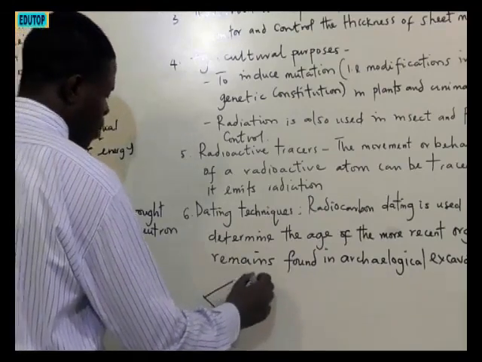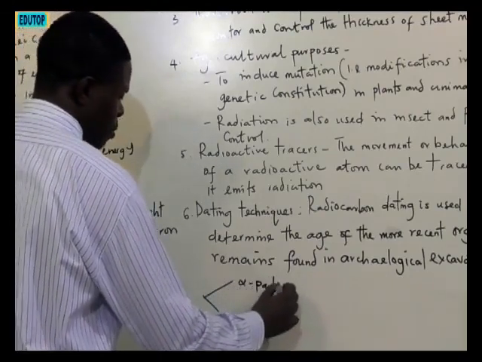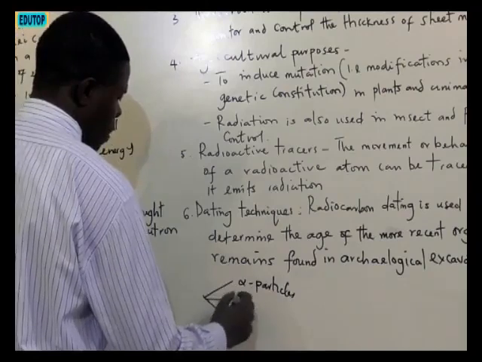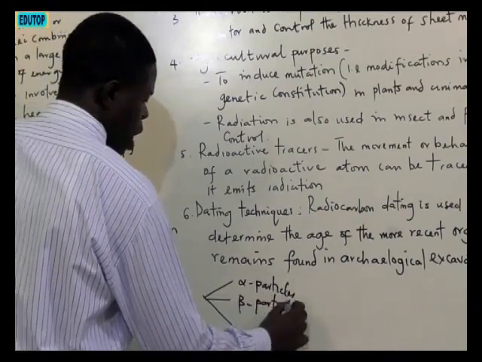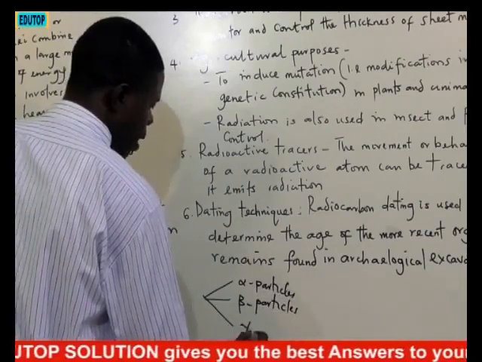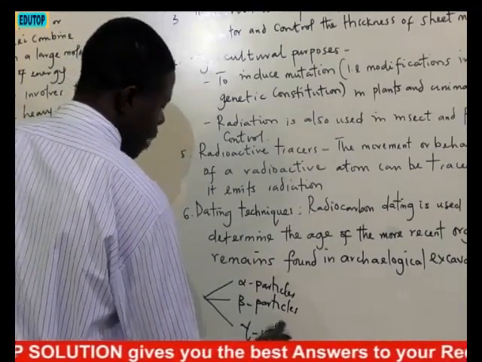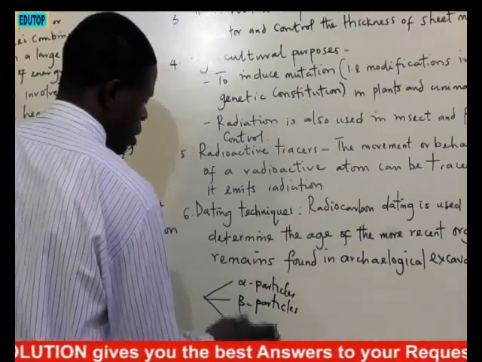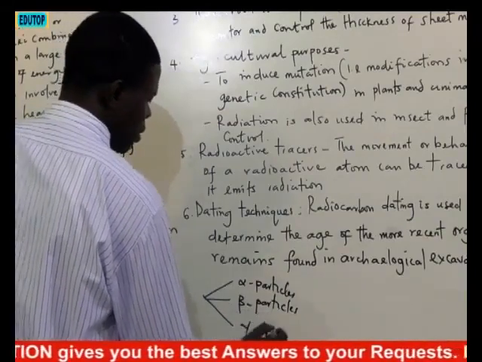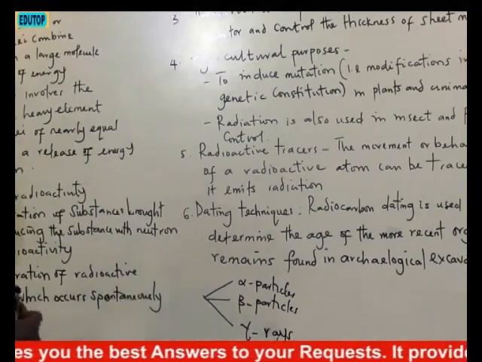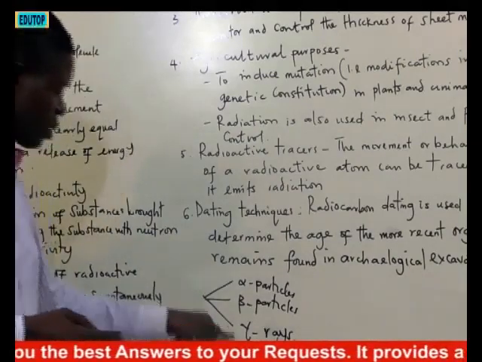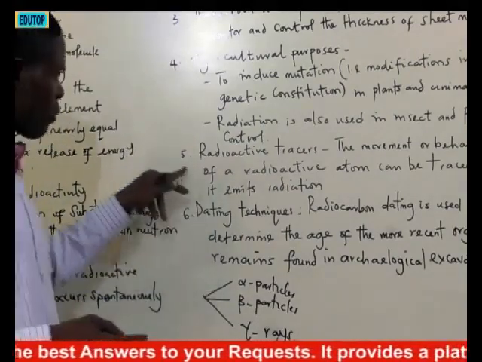We have alpha particles, we have beta particles, and we have what? Gamma radiation or gamma rays. Let me say gamma rays. So then I'll be talking about this, but let me settle this first.